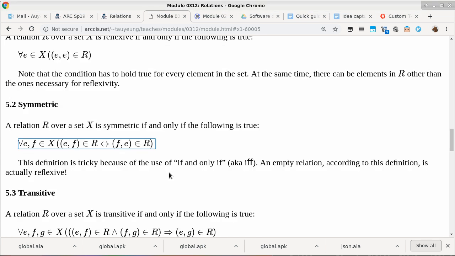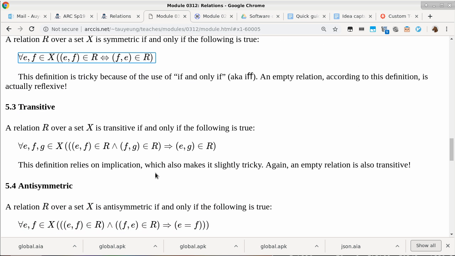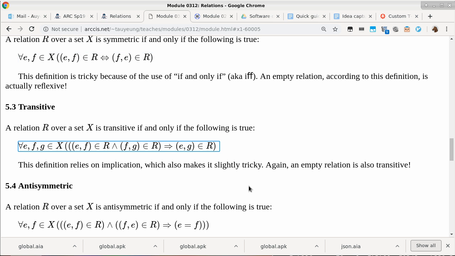So the next one up is transitive. Transitive, according to this definition, basically says I have three variables now. Three variables means pick something for E, pick something for F, pick something for G. They can be the same thing, two can be the same, the other one can be different, and so on.